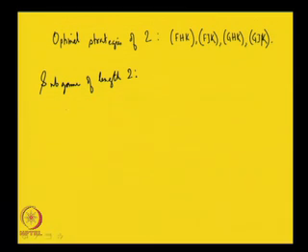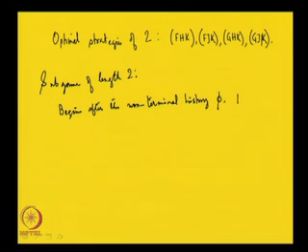So, here it begins after the non-terminal history phi, P(phi) is equal to 1, that is player 1 has to move in this subgame of length 2, and I have to know what is the optimal action or actions of player 1 with respect to each of these strategies of player 2.